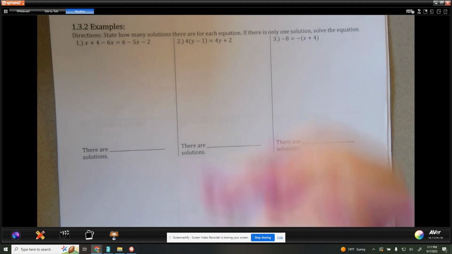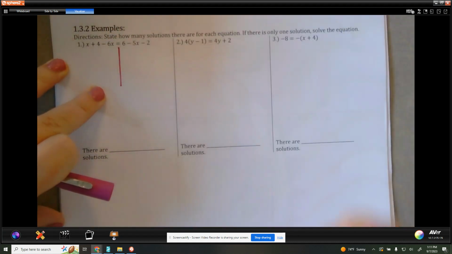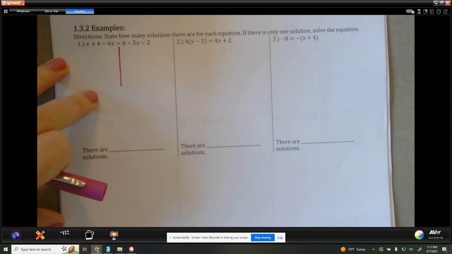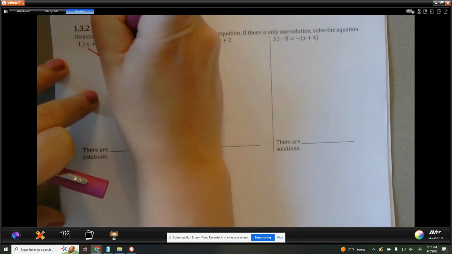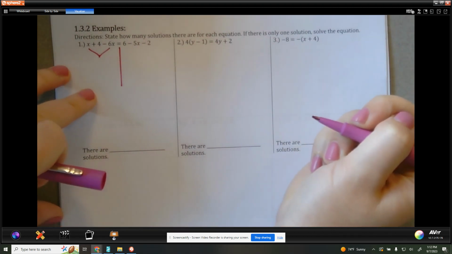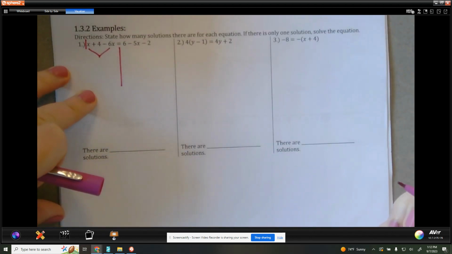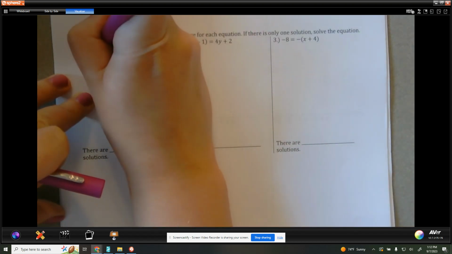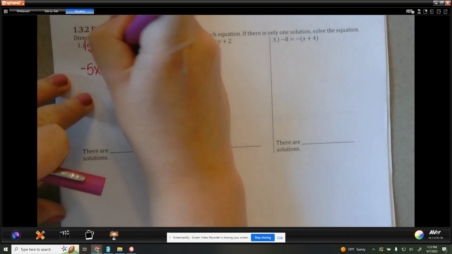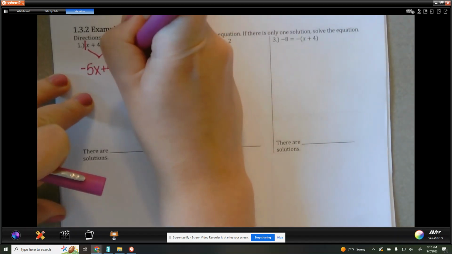First one, make sure you draw a line down your equal sign, as always. And we can combine some like terms on both sides, it looks like. So over here, we've got some matching x's, a little 1 in front of that guy. So we got 1x minus 6x. That would be negative 5x plus 4 equals.